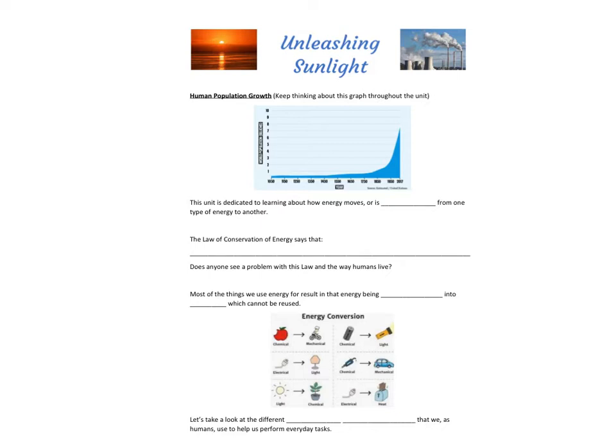So we're going to take a look now at the human population growth graph. It has some significance because it talks about the amount of energy that we as humans need and the amount of people that we have on Earth at any given time during the year.